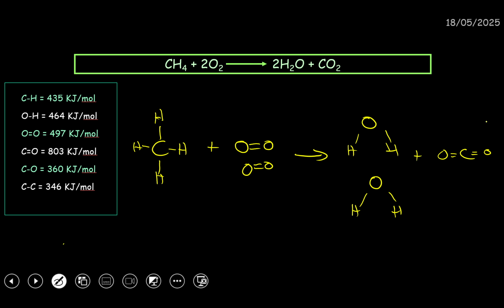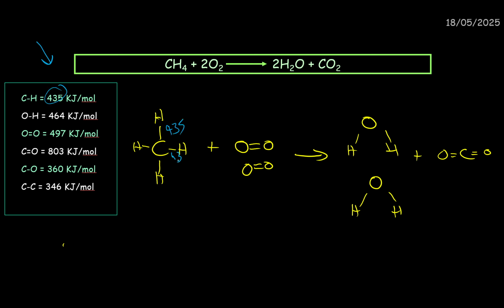It's pretty straightforward. We're going to look at the table and we're going to add everything up. So a CH bond, what's a CH bond, David? If you look in the table, 435. So we add 435, 435, 435, 435.